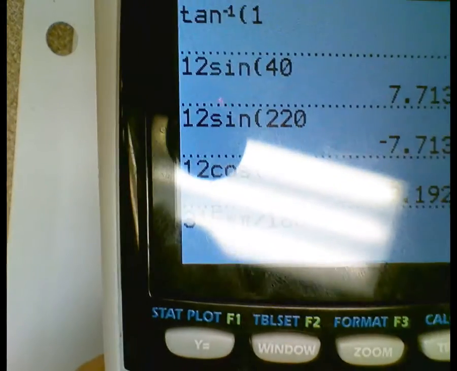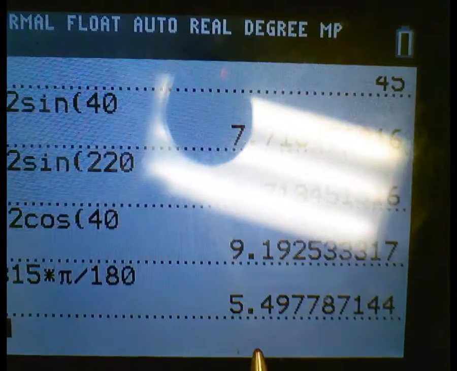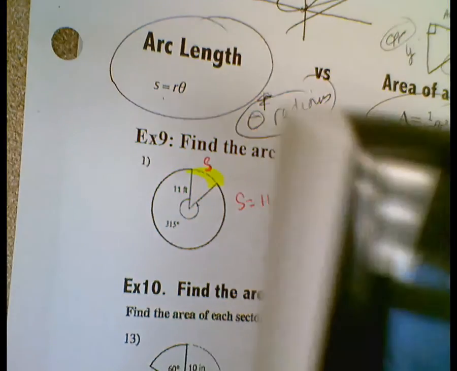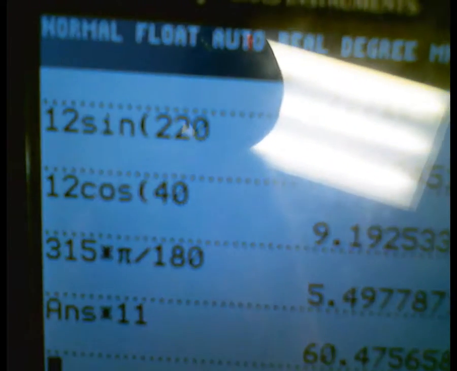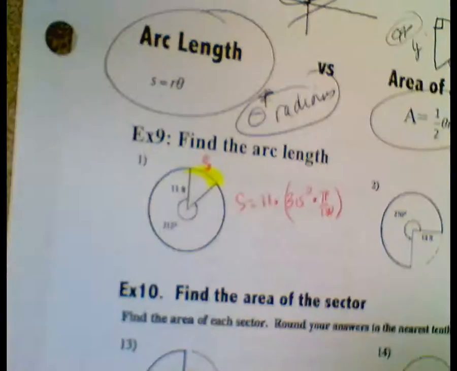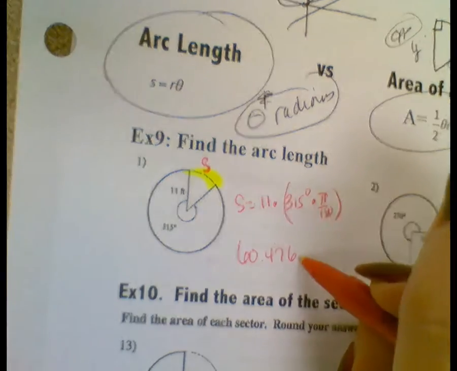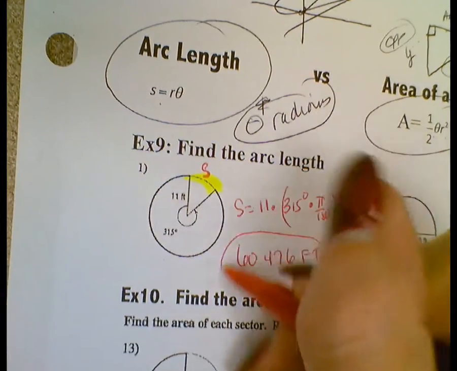I figure that out first. This is what radians are for 315 degrees. Now I'm going to multiply that by the radius. And that is 60.476. And it's in feet, so we're in feet.